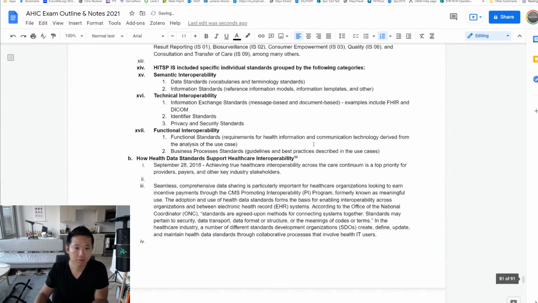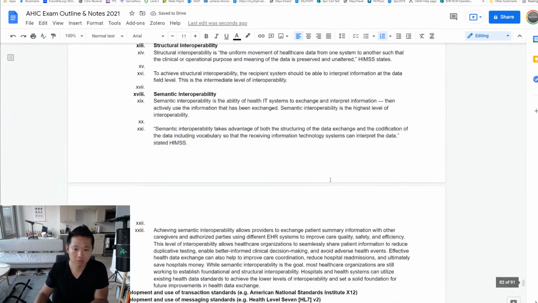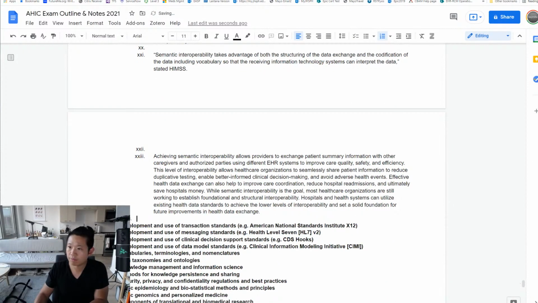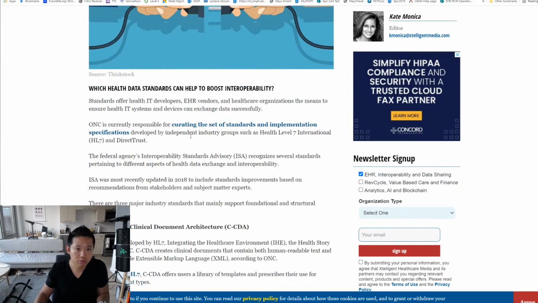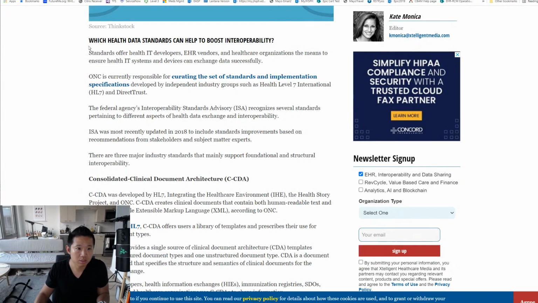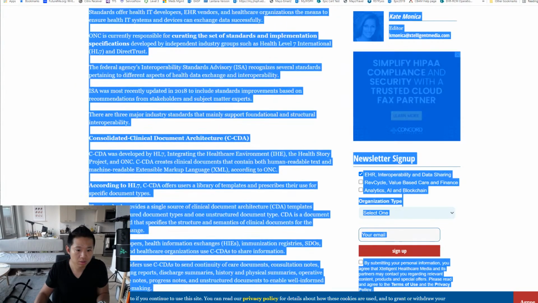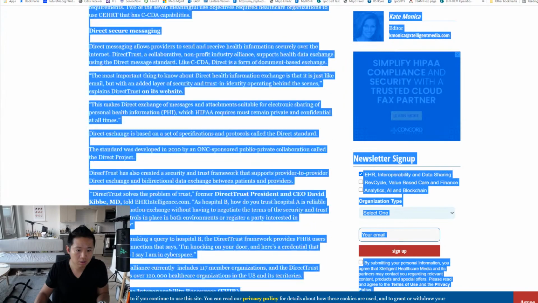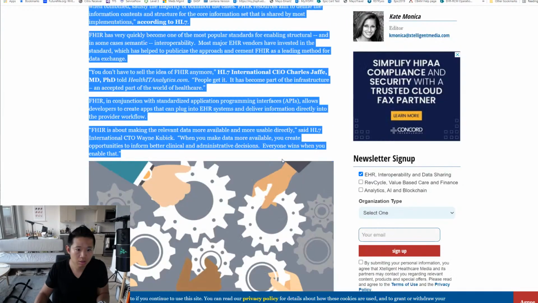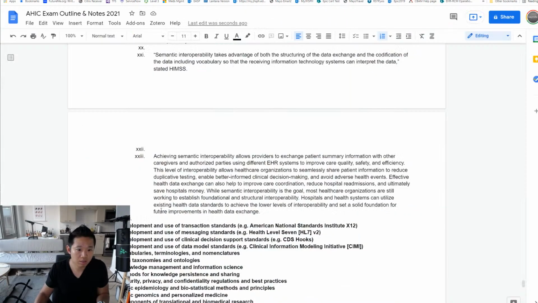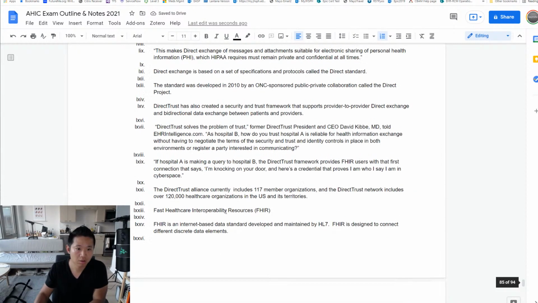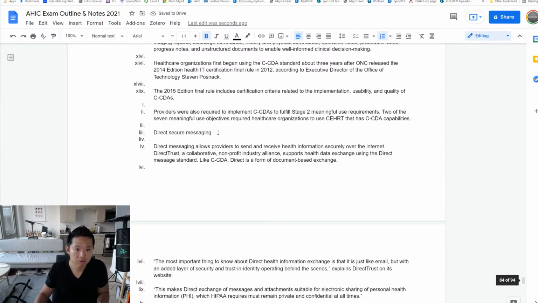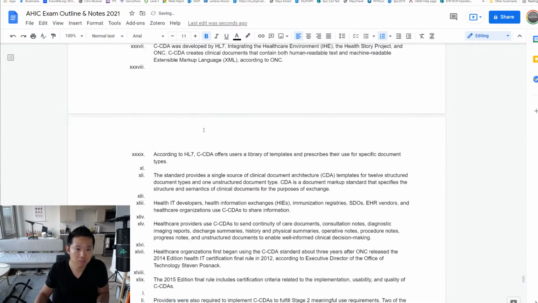Alright, so this should be good. Move this back over here. So which ones? So we did this, and then paste it here. So we have FHIR in here. So direct secure messaging.